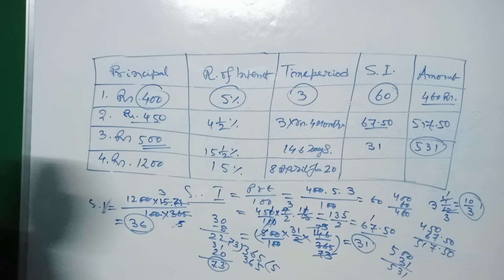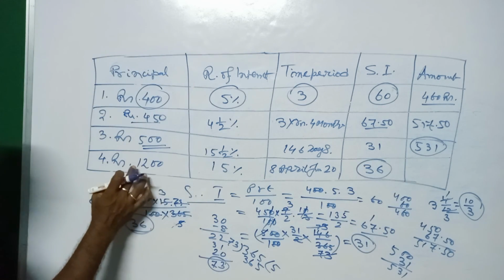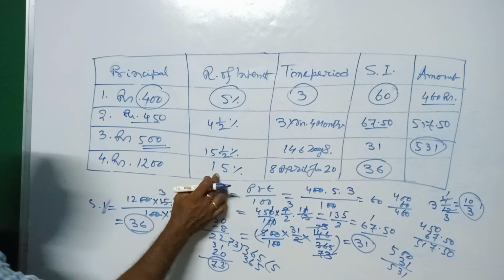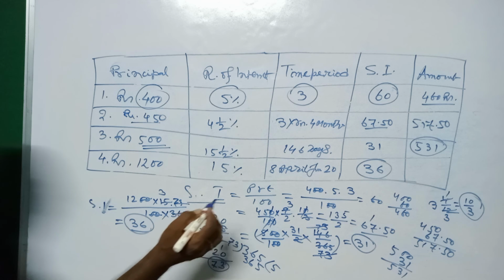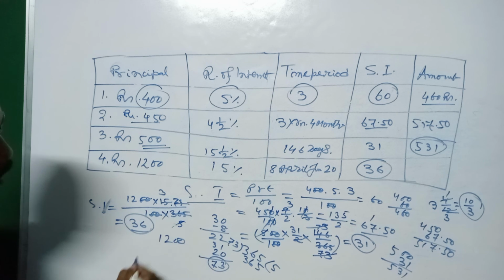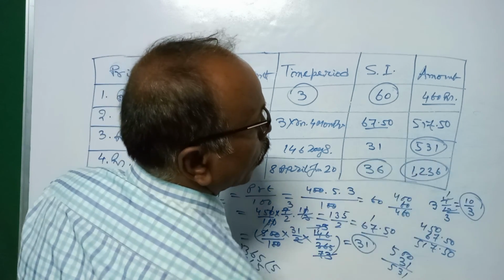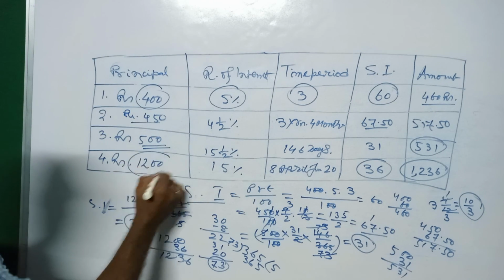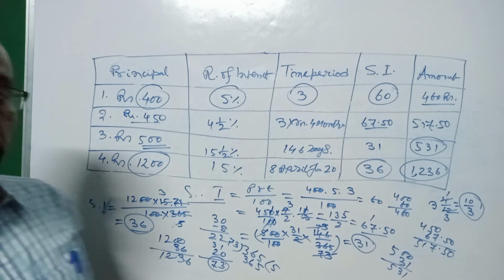My dear student, you see 36 is simple interest of 1200 at 15% for 73 days. Now amount will be 1200 plus 36, means 1236 rupees. 1236 is the amount of this principal 1200. Am I clear, my dear student?